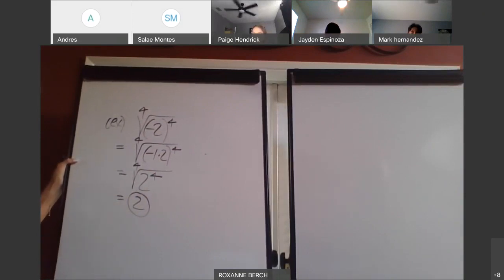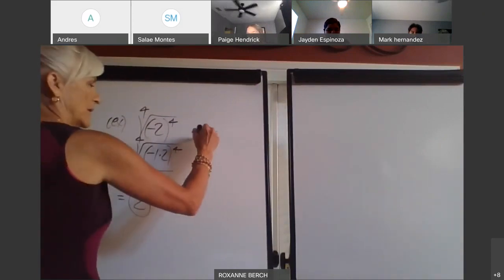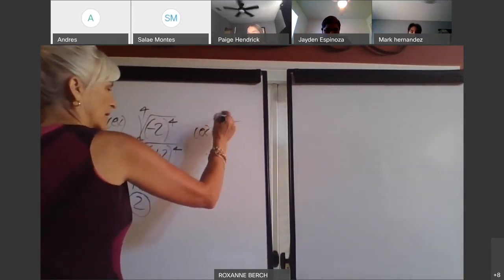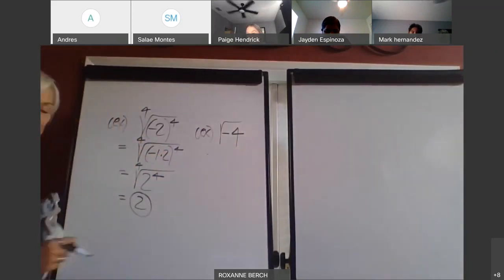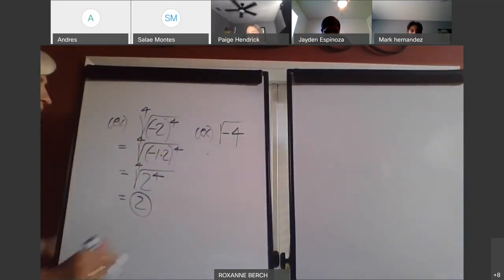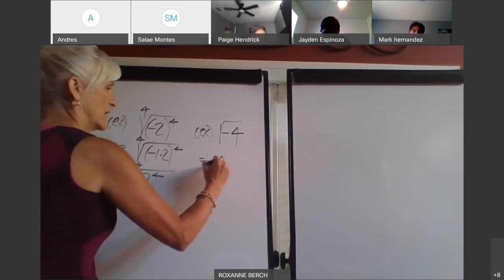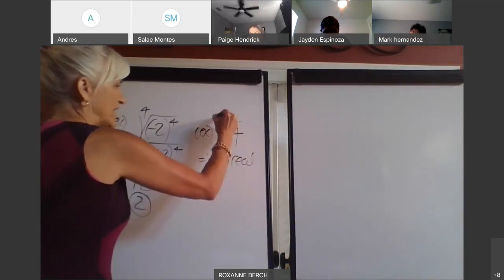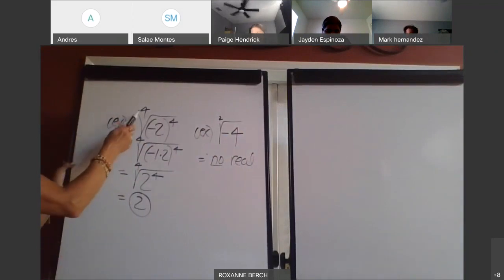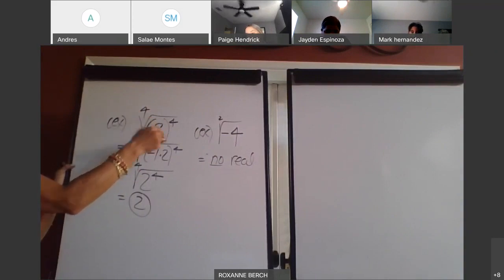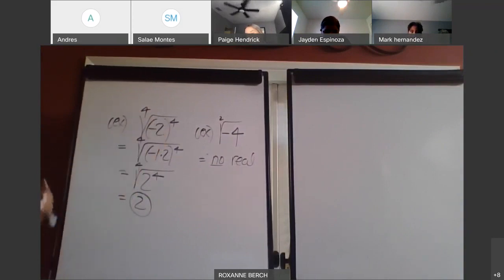What about this one? The square root of -4. What's that answer? No real. Can't have an even index and a negative under there. So in the earlier one, this was an even index, but that negative went away inside the radical.